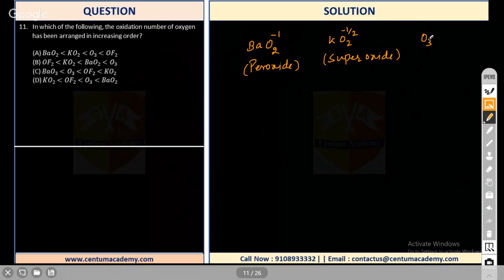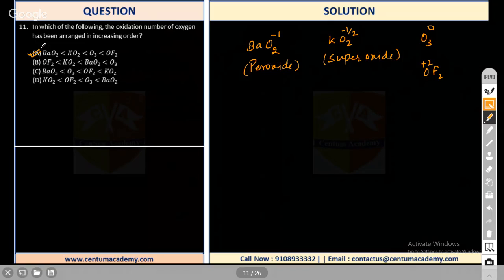O3 is ozone, 0. And OF2, oxygen difluoride, fluorine is -1, so oxygen is +2. So obviously, the oxidation state of oxygen is maximum in OF2 and minimum in BaO2. Hence, option A is correct.